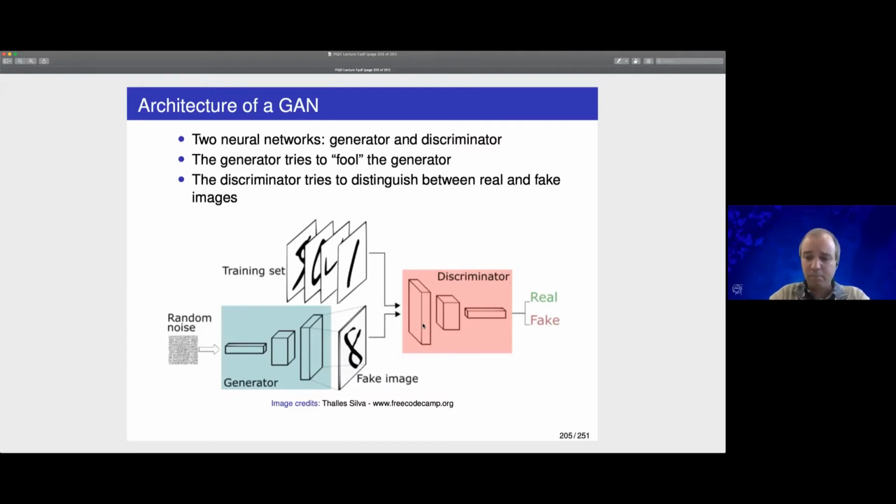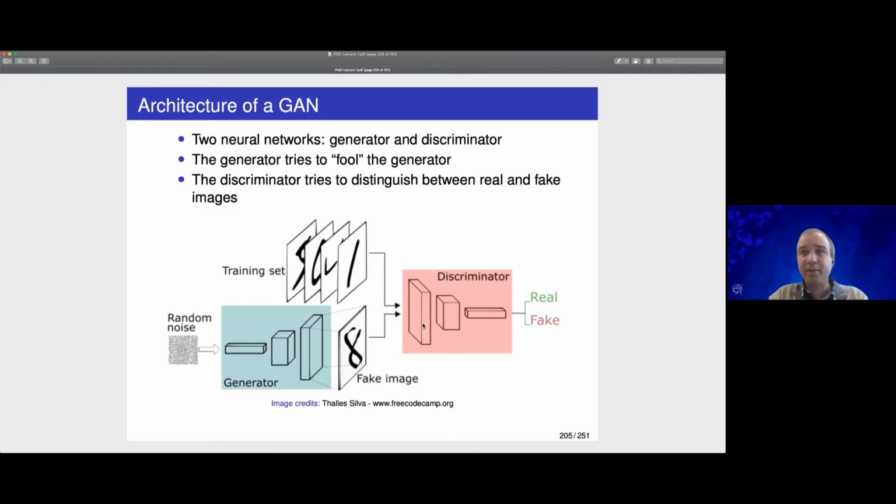Okay, so the idea is very simple, but at the same time really interesting. In a generative adversarial network, in a classical GAN, we have two different neural networks. One is called the generator, the other one is called the discriminator. They are trying to beat each other at a game. The generator tries to generate images, or whatever kind of data you are trying to learn to reproduce.